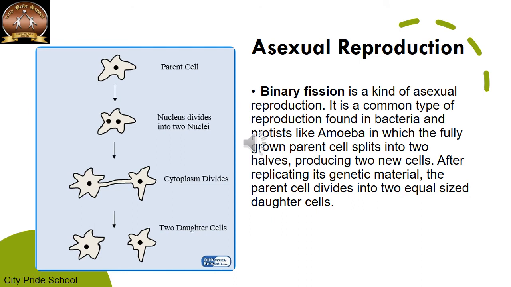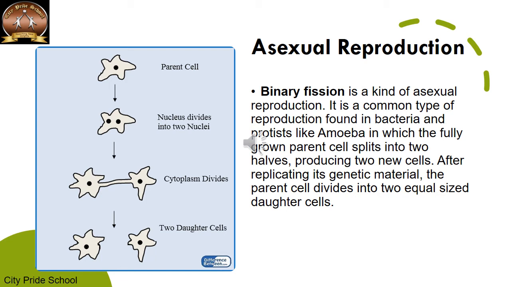Now we move to asexual reproduction. We'll begin with asexual reproduction in lower animals first. We have taken the unicellular amoeba. Binary fission is one method of asexual reproduction where the organism, especially bacteria, protists like amoeba, undergo binary fission, where the parent cell splits into two organisms.